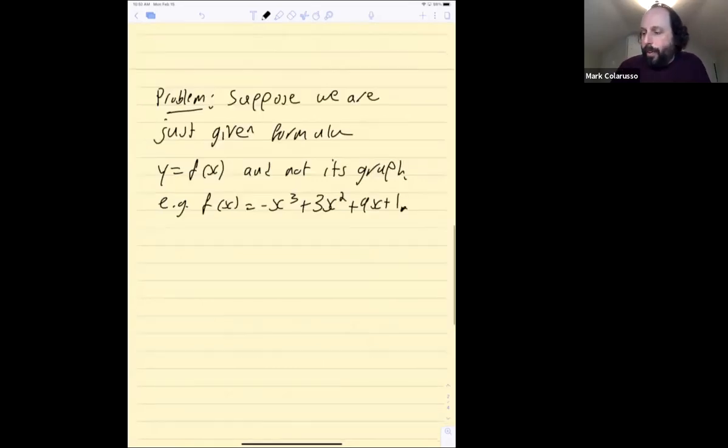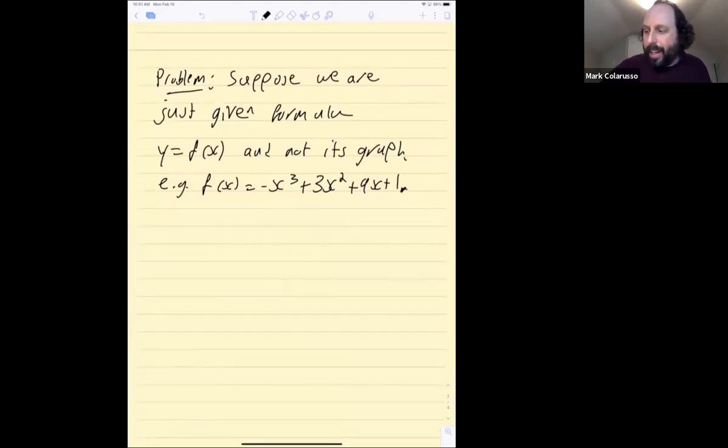But if I just take a look at this formula, even with my experience, I don't know what the graph of this thing looks like. I can't just sketch it and say, look, here the function is increasing, here the function is decreasing. I can't produce the graph.